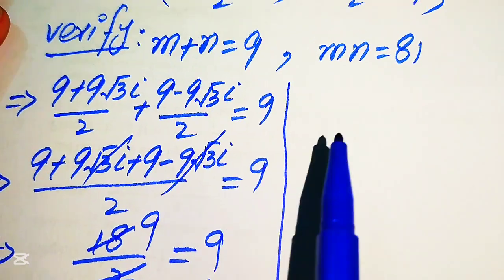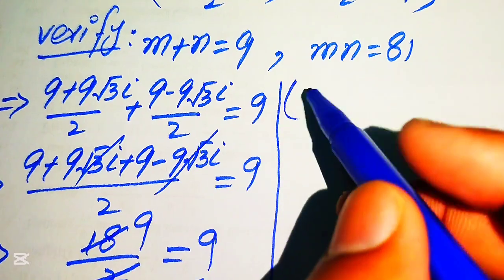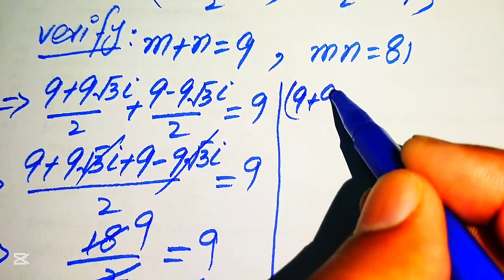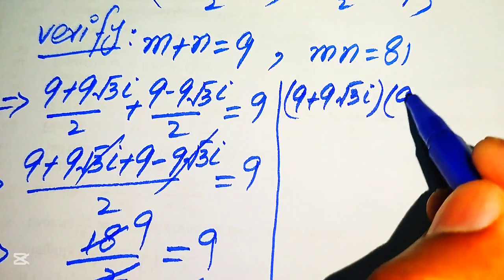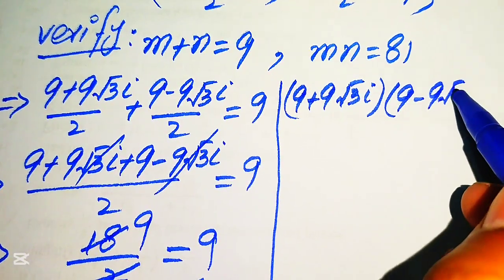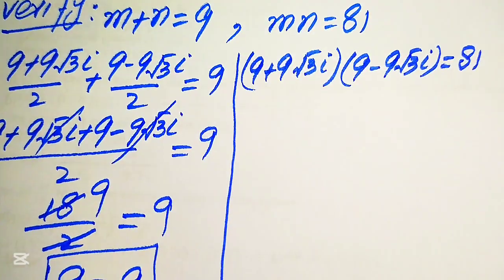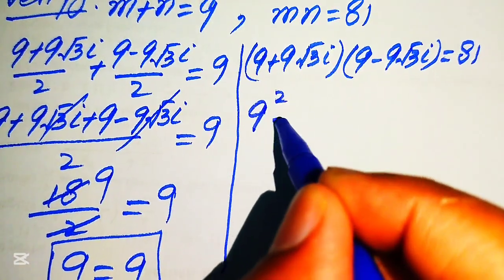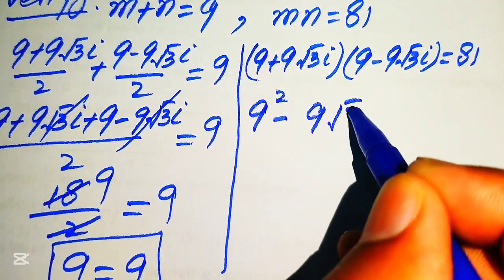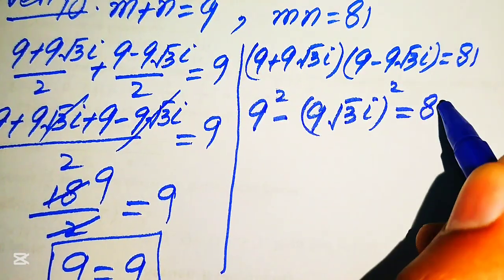Similarly, we move to the verification of the second equation. Here we put the values of m and n. The value of m is 9 plus 9 times the square root of 3 iota, the value of n is 9 minus 9 times the square root of 3 iota, and the product equals 81. Here we can apply the square identity. We have 9 squared minus (9 times the square root of 3 iota) whole squared equals 81.